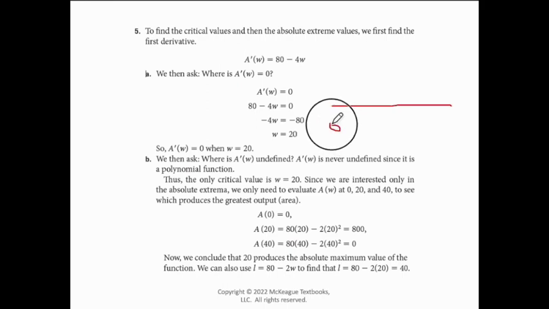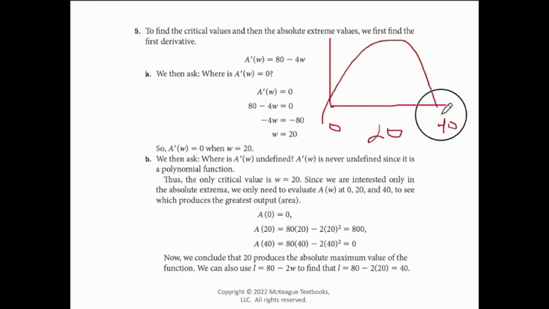If this is 0 and this is 40, and we have 20 in the center, here's our y-axis. Our graph looks like this. So x-intercepts at 0 and 40, although it's not really lined up very well because I'm writing with a mouse right now, but hopefully it's clear enough that you can read that. Here's 20, and we have our maximum at 20.